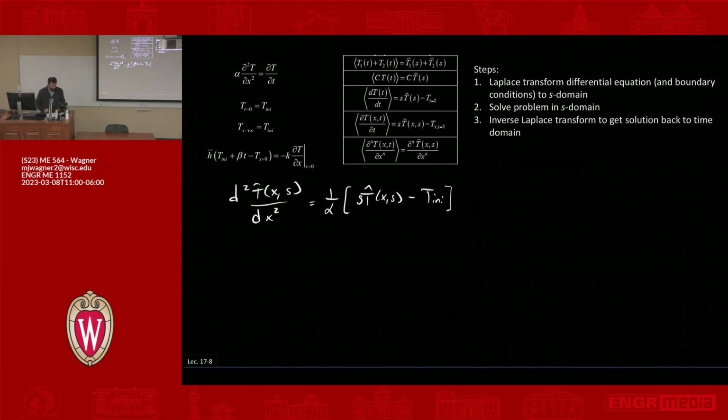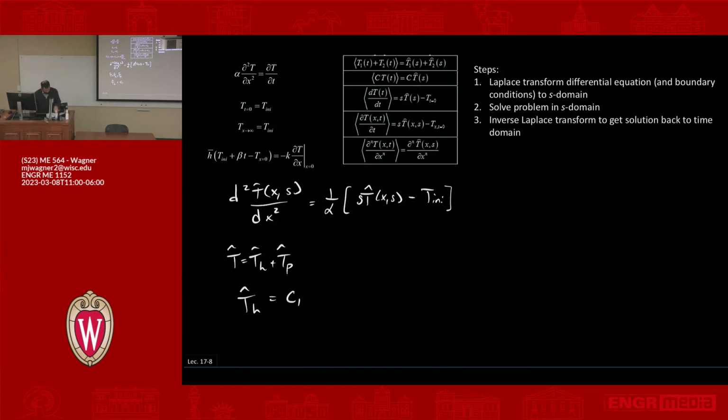For the sake of time, I won't walk through that process completely, but I will tell you that if we break this into T equals T_h plus T_p, T_h, I should say T hat. This is still in the s domain. So T hat of h is the following.